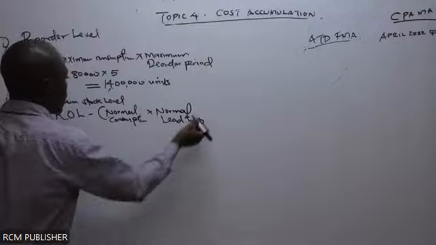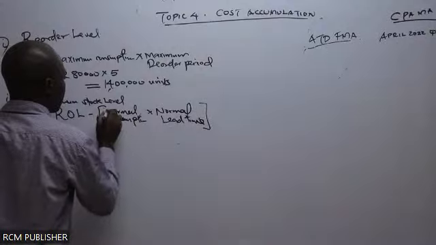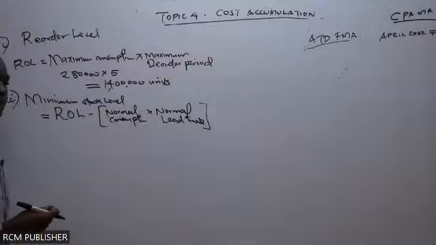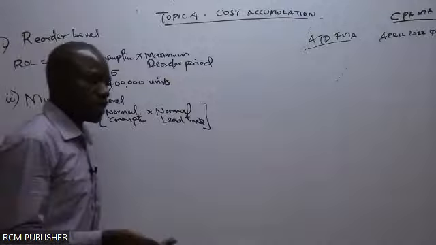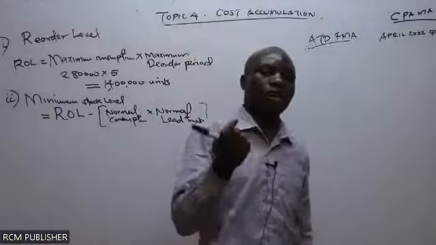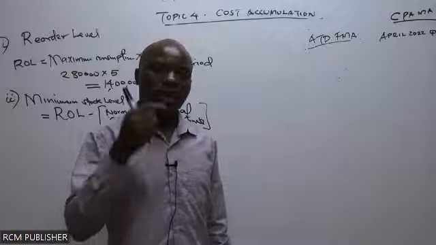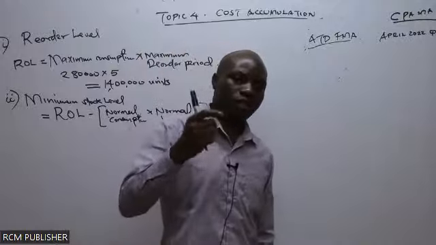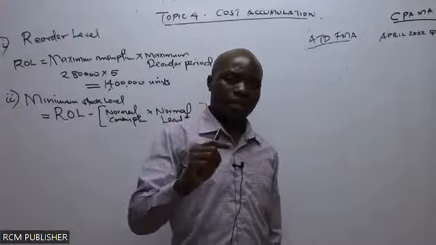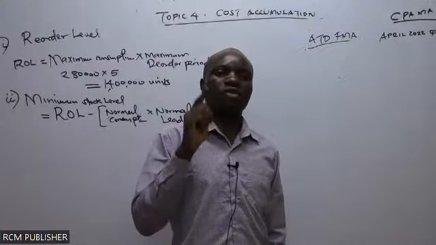And in our previous discussion, we said if we are not given these figures directly, for the normal consumption we take the maximum, add to the minimum, then divide by 2. In short, we are getting the average. Then also the normal lead time: if you're not given a specific one, we take the highest lead time, add to the lowest, then divide by 2.